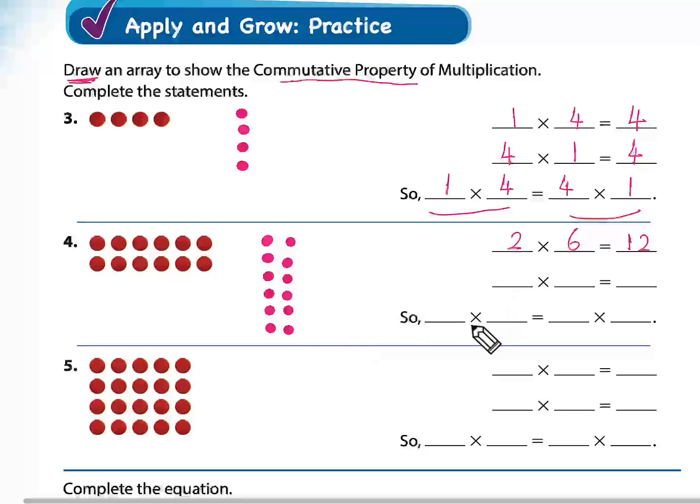Okay. So the new equation, yes. Excellent. So equals 6 multiplied by 2. Excellent. Thank you, my hero. Great work. Wow.